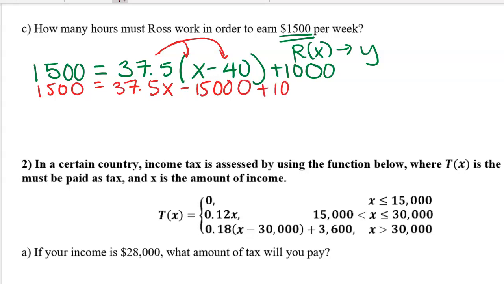Plus 1,000. Drop that down. Okay. Does that seem all right? Okay. Now what, Calvin? You add negative 1,500 plus 1,000. Okay, and that would be what? Negative 500.